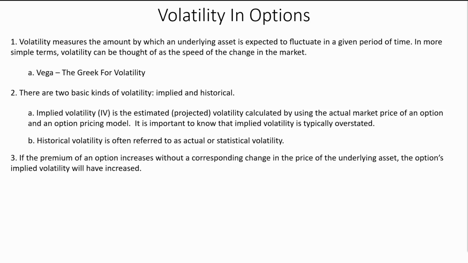Now, if the premium of an option increases without a corresponding change in the price, the option's implied volatility has to increase. If you remember earlier, I mentioned the components of option pricing are the price of the underlying, interest rates, time, and volatility, and there's a couple of other ones, but those are the main components.